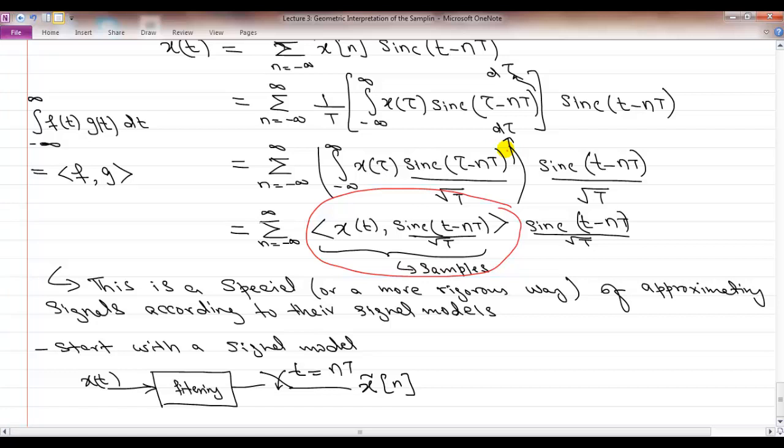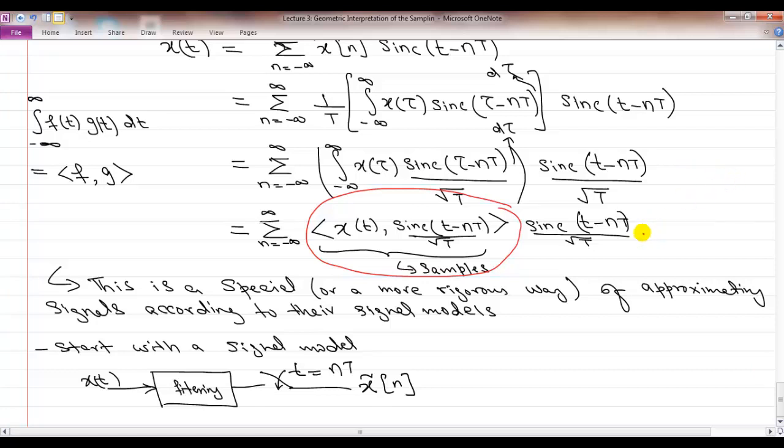Band limited signal is a good model for some cases, but it may not be good for other cases. Okay. So our goal going forward, we are going to take a break from discussion of band limited signals, and we are going to now generalize some notions that you may have heard about: linear independence, basis, dimensions, but in a more rigorous setting. And then we will come back to this very same equation.